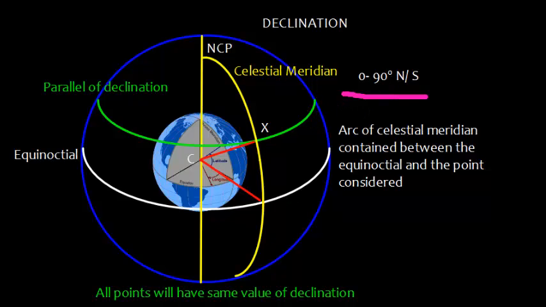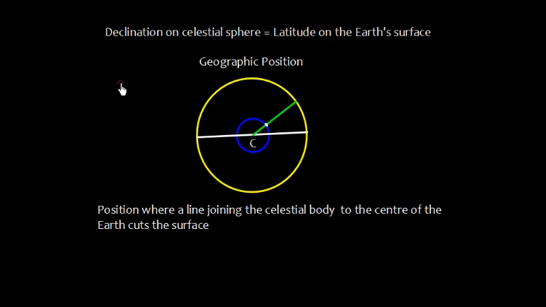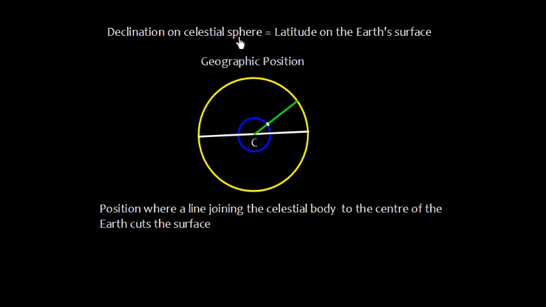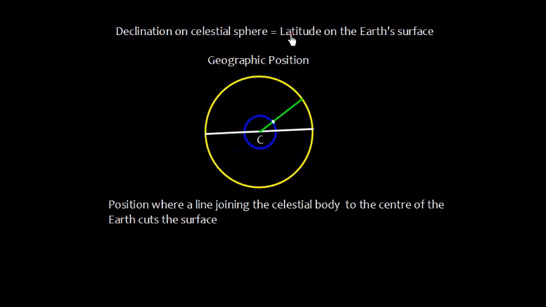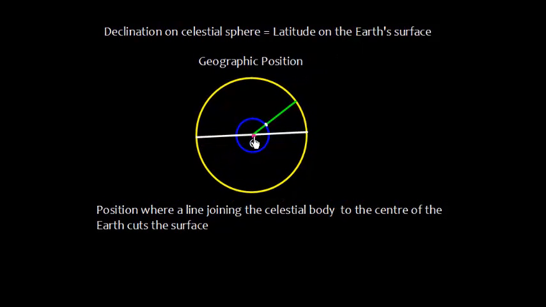Well, all points on this parallel of declination will have the same value of declination. The declination on the celestial sphere is equivalent to latitude on the Earth's surface. So here C is the center of the Earth or center of the celestial sphere, since both the spheres are concentric.